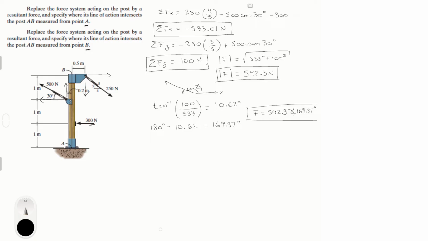Now, let's find the moment and where this force will be applied in a point in the line A to B, measured from A first and then from B. Now to do the first part, which is measured from A, we have to find the sum of the moments about A created by all these forces, assuming counterclockwise is positive.